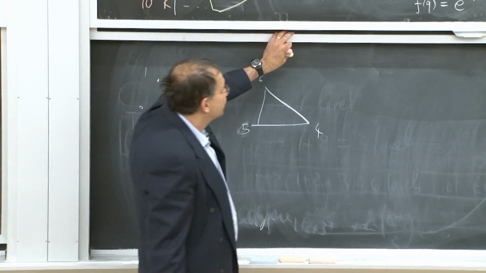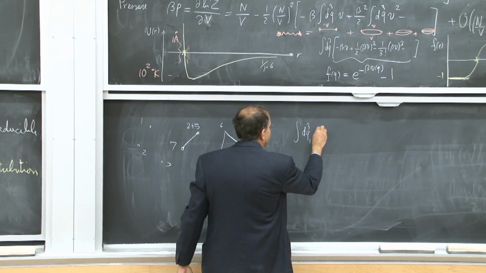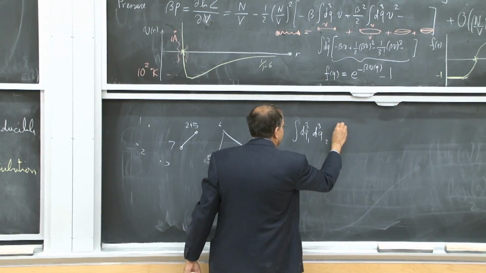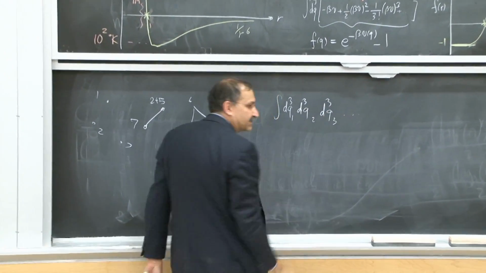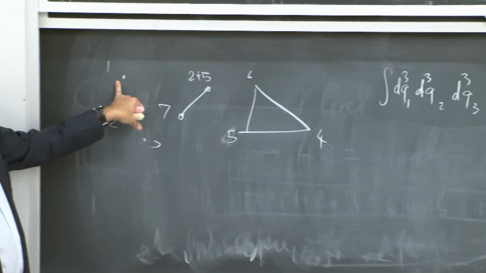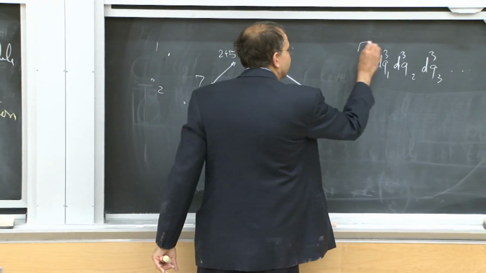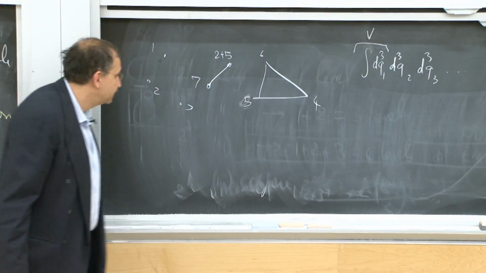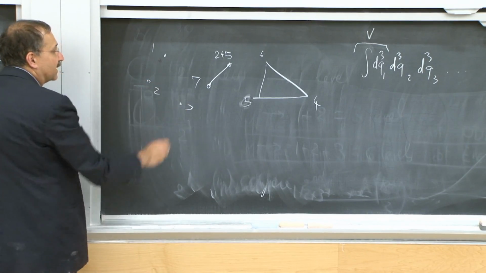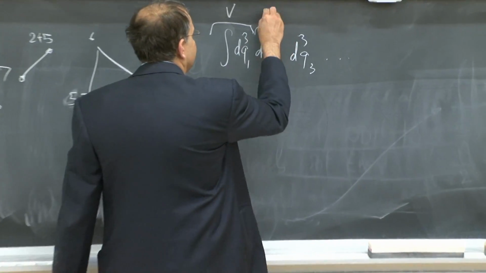What I'm instructed to do is to integrate over Q1, Q2, Q3, etc. Now, the integral over Q1 is just the integral of Q1. So this integral by itself will give me V. Any number of points that are by themselves will also give me V.